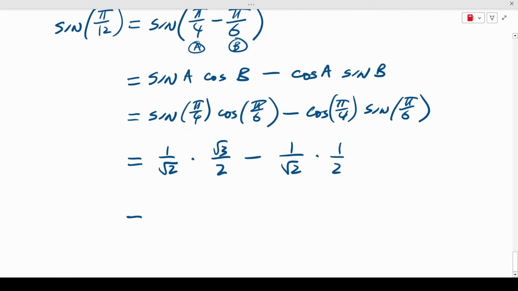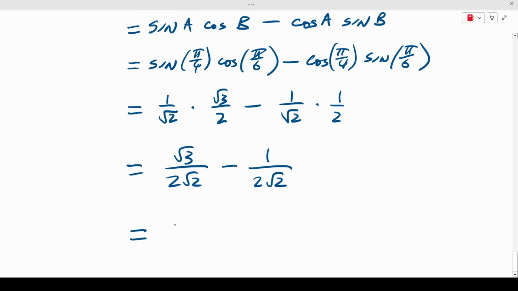Okay, so now this is root 3 over 2 root 2 minus 1 over 2 root 2. And so we have root 3 minus 1 over 2 root 2. That is what sine of pi over 12 is.